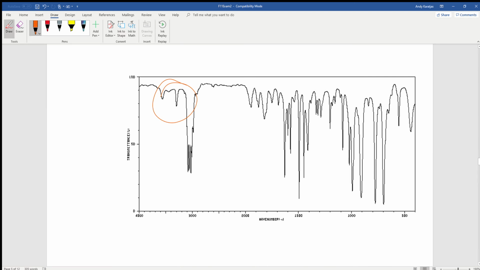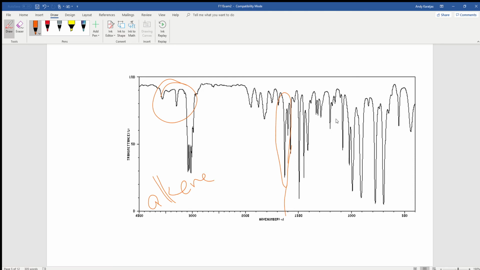The next thing I see, though, is this peak here. Again, we can see that's in the mid 1600s. It's medium strength, so not likely to be a carbonyl. To me, this looks like an alkene peak.